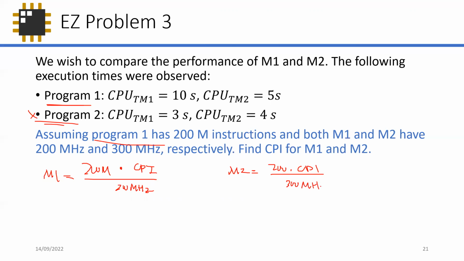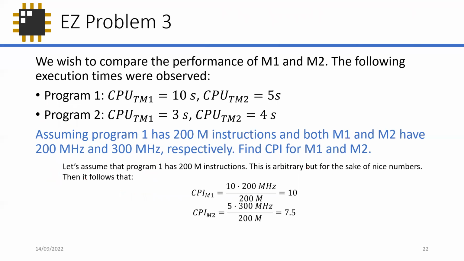I forgot to put the CPU time. The CPU time for M2 is 5 seconds. CPU time for M1 is 10 seconds. Then we're just going to solve for CPI. If you do it correctly, you should get machine one has a CPI of 10, and machine two has a CPI of 7.5.